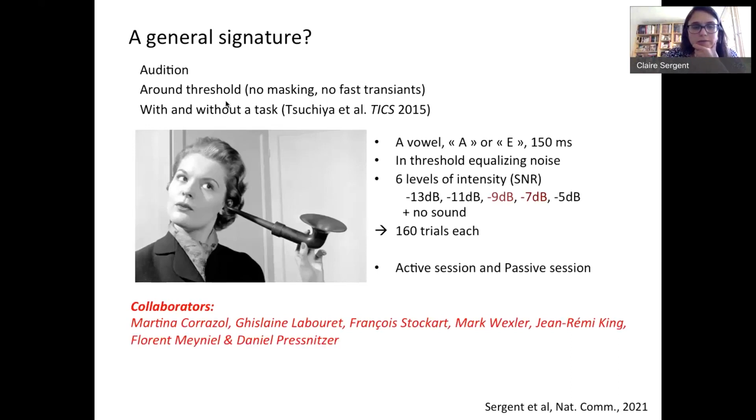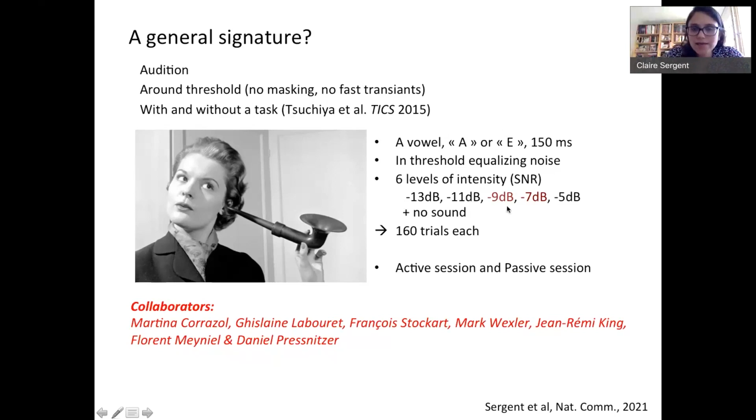Okay, and more specifically, in this experiment, we chose to have people hear a continuous threshold equalizing noise. So basically, shh, like this. So you had that in your ears, and you could hear two types of vowels, either A or E, the French ones, inserted in this noise.